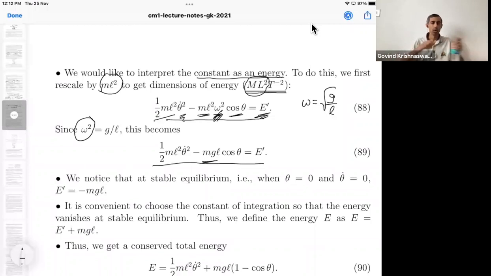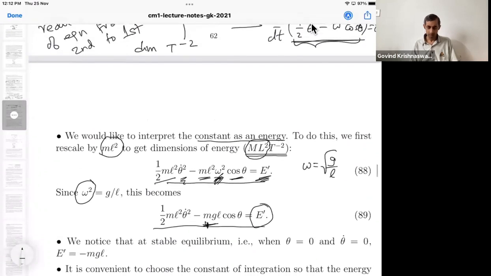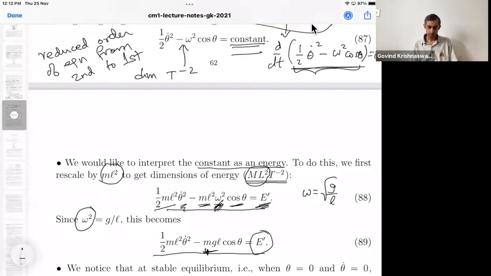I want to mention that though the equation of motion was independent of the mass, our definition of energy so far does depend on the mass. And that is mostly because we put it there. It wasn't there, we simply multiplied and put it there.